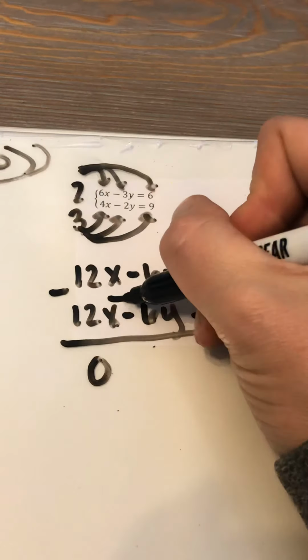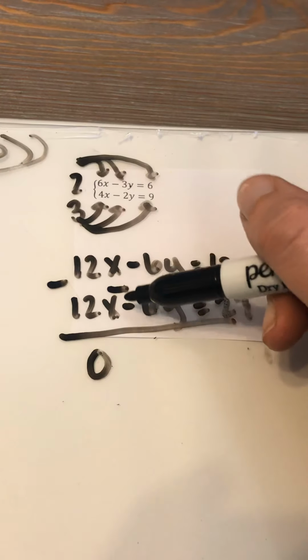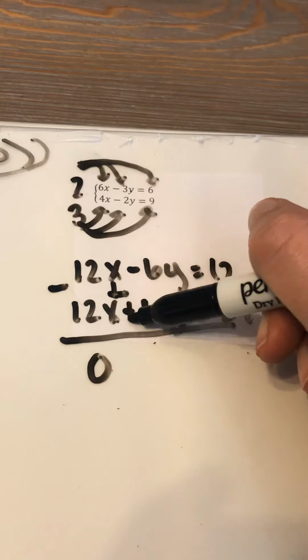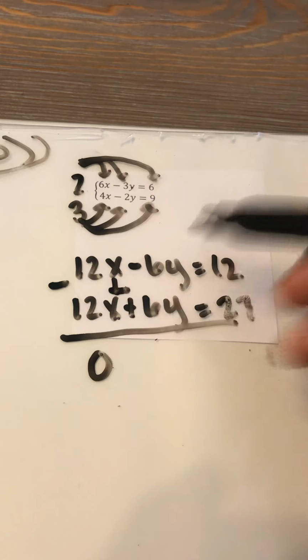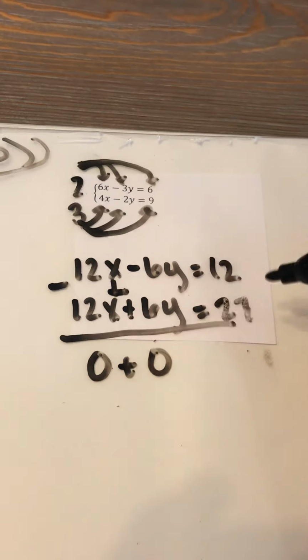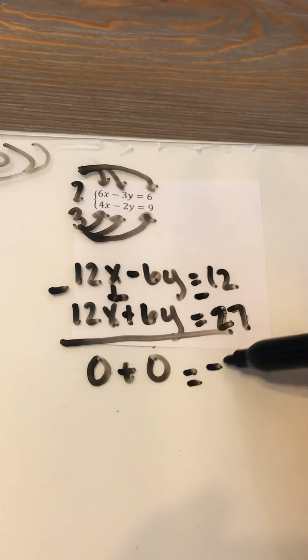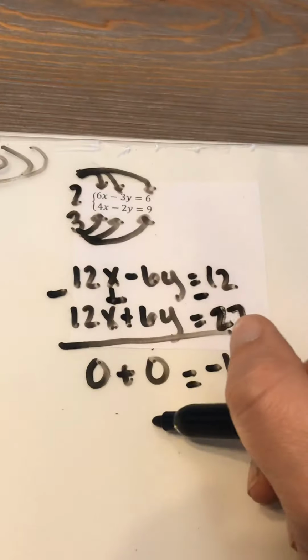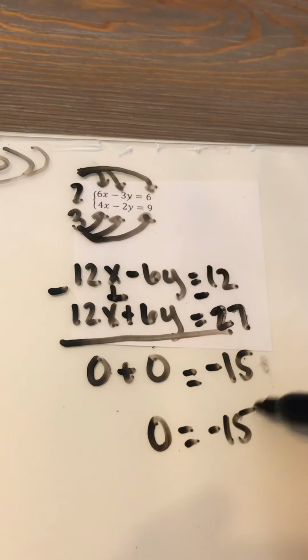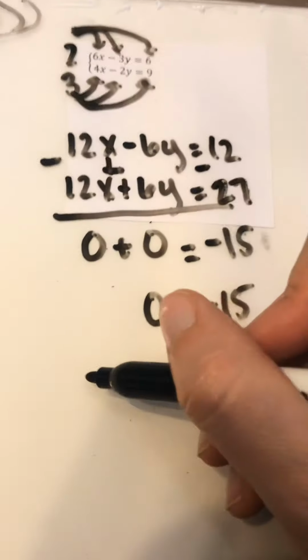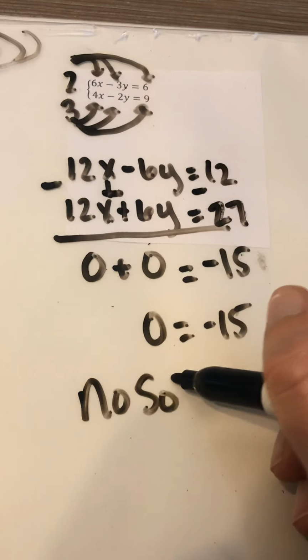I'm going to subtract here again, but when we subtract a negative, it's like adding. So 6 plus 6 is also 0. I'm going to subtract here, and I'm going to get negative 15. Does 0 equal negative 15? No, so this is a no solution.